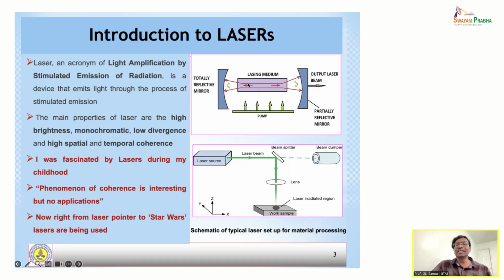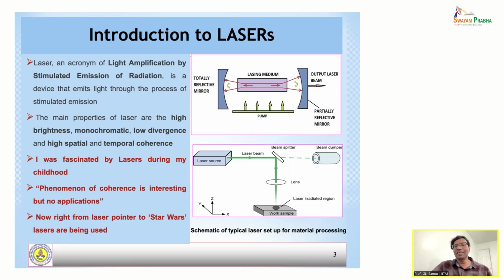Once the light reciprocates between these two mirrors and the energy exceeds the preset limit, the laser beam comes out from here. It is monochromatic light, with very low divergence and good coherence, and that is the reason lasers have a lot of advantages.